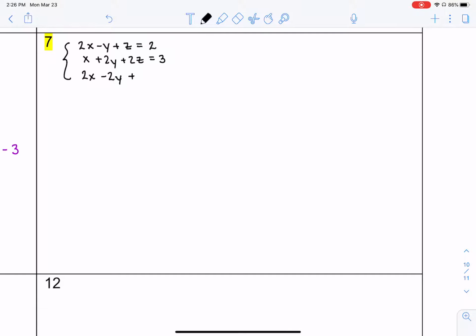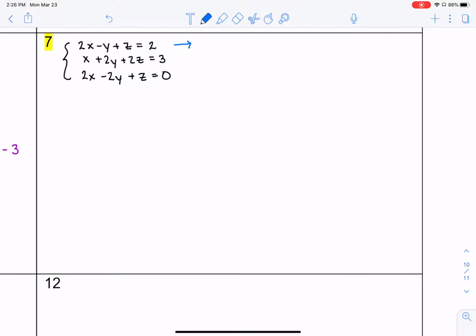Oops, back there. And I think I'm going to go ahead and eliminate the y values. It's similar to one of the practice questions we did. I can use a 2 distributed across the first equation, and that will eliminate the negative 2y and the positive 2y. So I'm going to start with that.